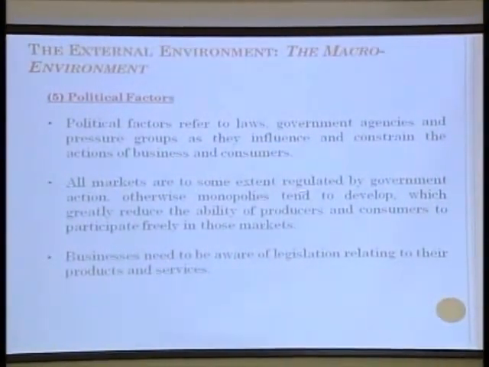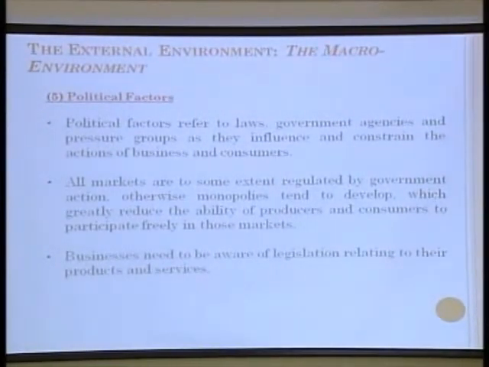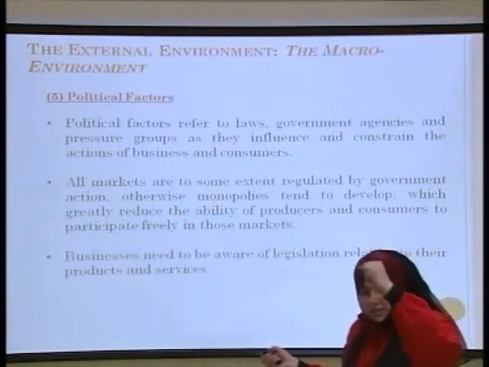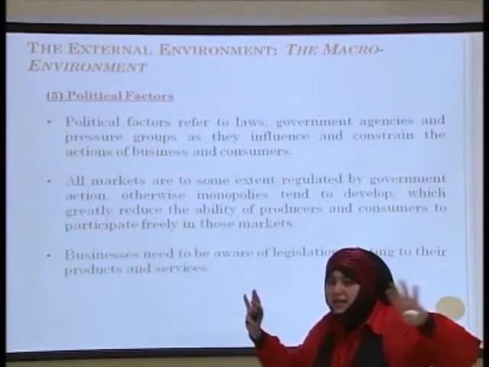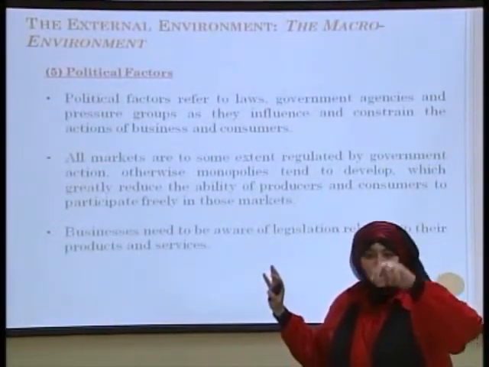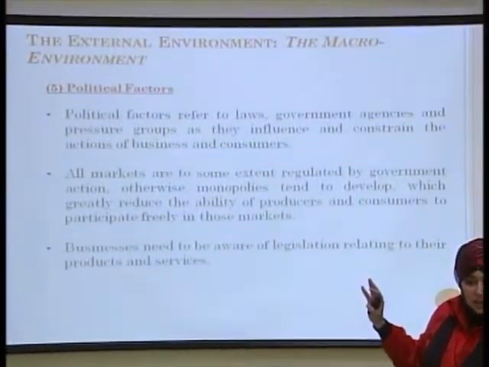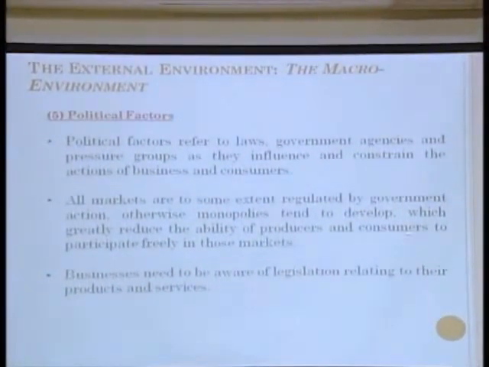All markets are to some extent regulated by government action, otherwise monopolies tend to develop. You know what we mean by monopoly? To have just one player in the market, specialized in a specific industry, and nobody else is selling this product or conducting activities in this industry.